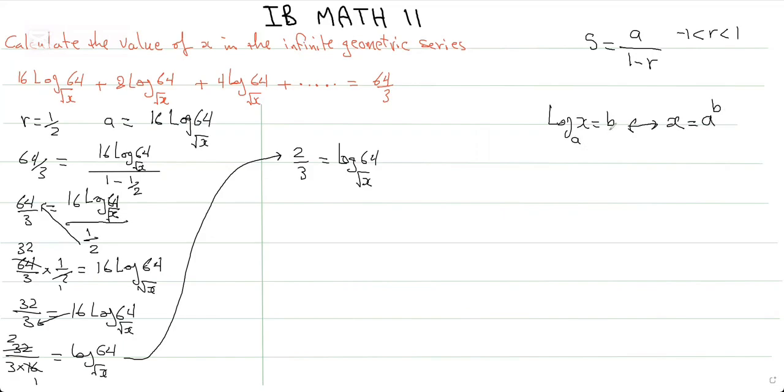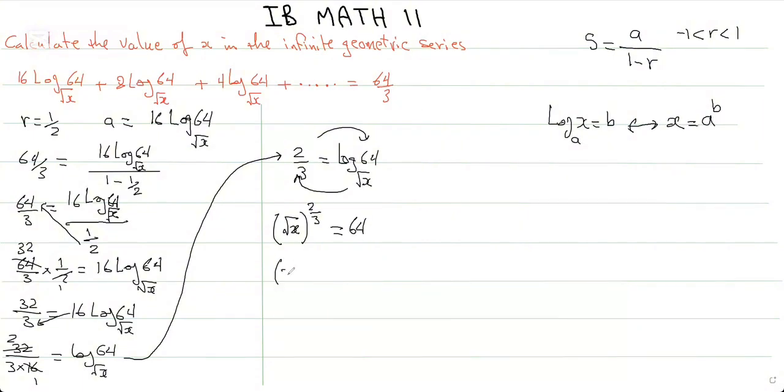The base raised to the power of b gives you x. So here, basically, this raised to this power gives you the 64. So I'm going to have root x raised to the power of 2/3 gives me 64.